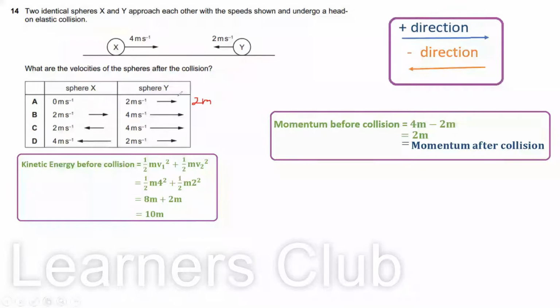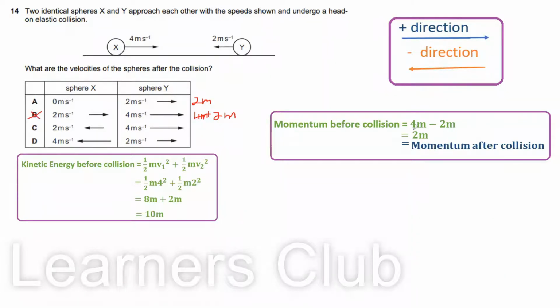So the momentum is conserved for option A. For option B, 4m towards the right, and again velocity is 2 and momentum is 2m, that is also towards the right, so it becomes 6m. m is for the mass, they are identical. So it's not conserved, that is not the option.